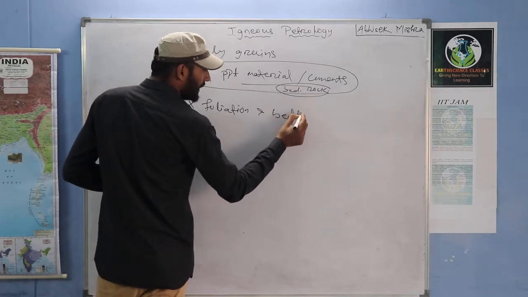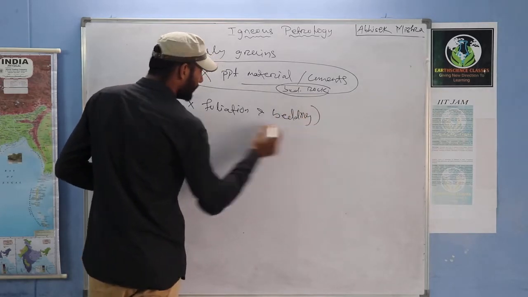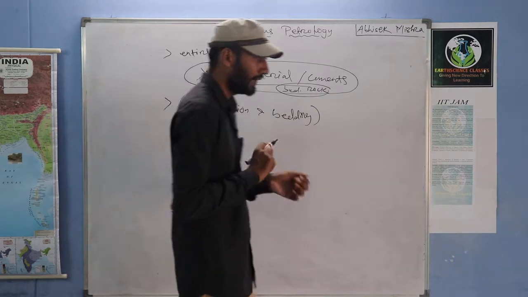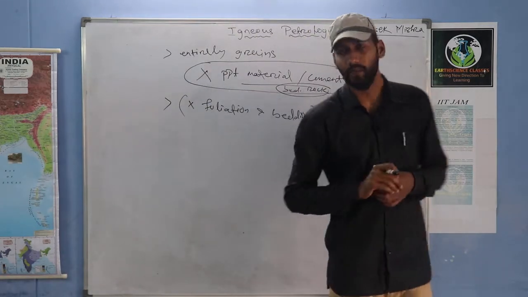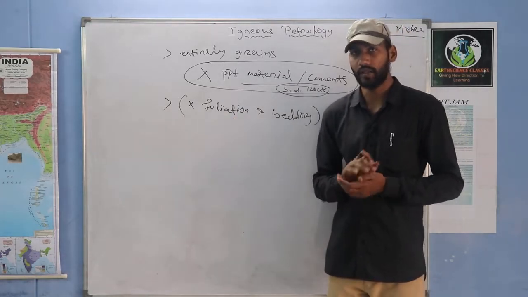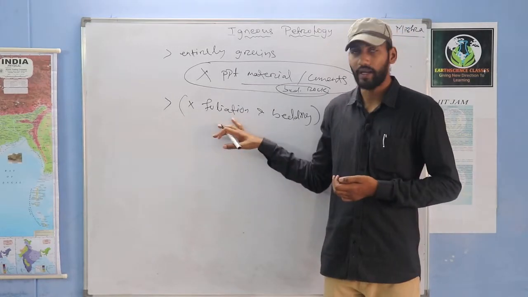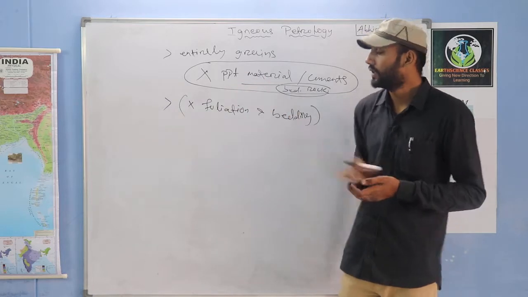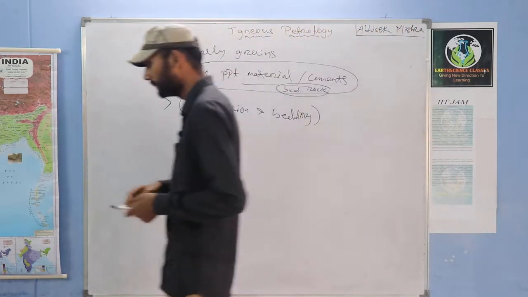We find different layers in sedimentary rocks, but we cannot find bedding here, and as we find foliation planes in metamorphic rocks, we cannot find foliation planes in igneous rock.